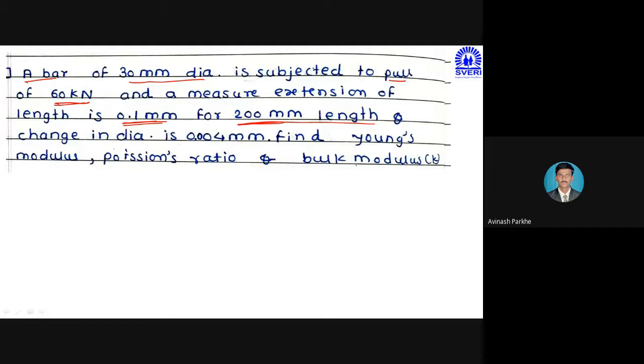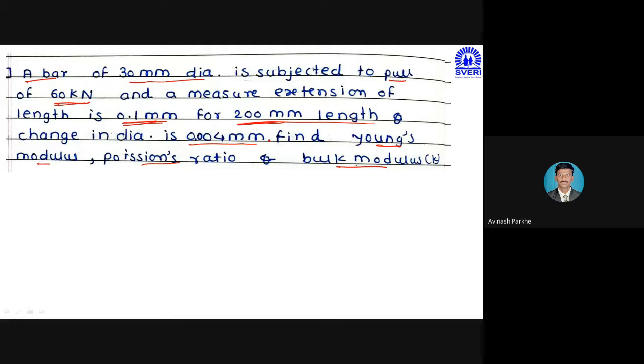And the change in diameter is 0.004 mm. Due to the same force, the diameter also changes, and that change in diameter is given as 0.004 mm. Find Young's modulus, Poisson's ratio, and bulk modulus K. We have to calculate capital E, Poisson's ratio mu, and the bulk modulus K. Okay, so this is the statement.